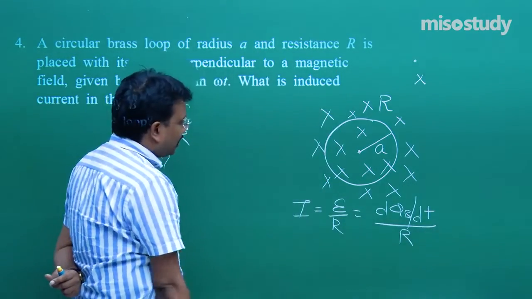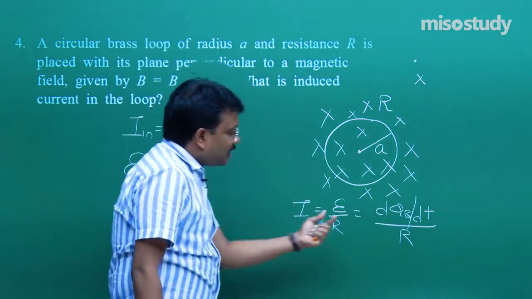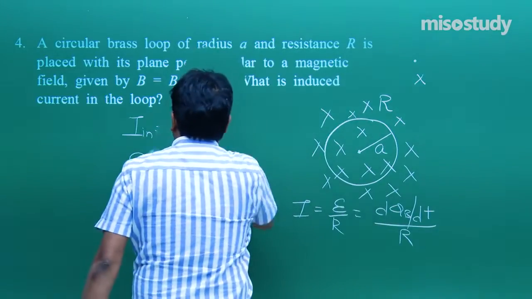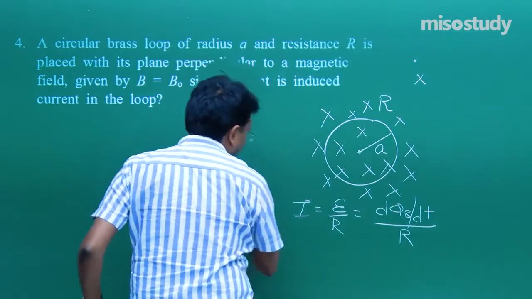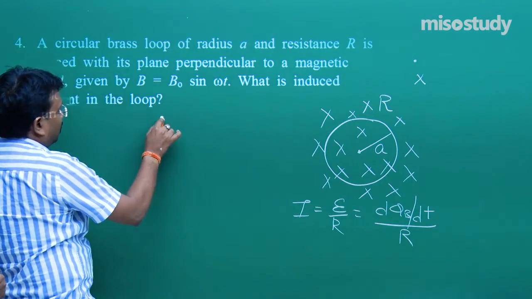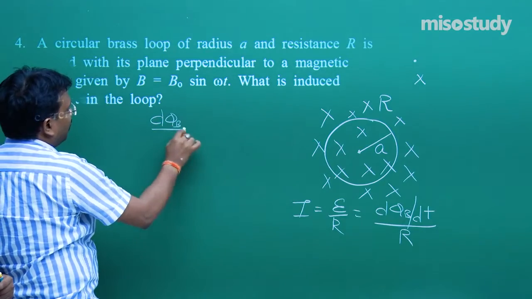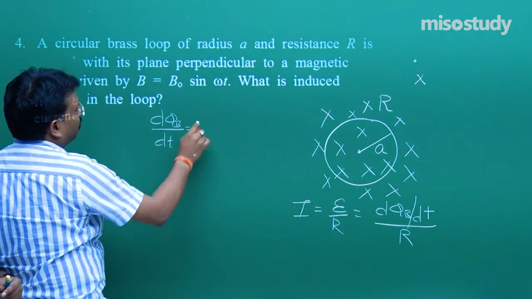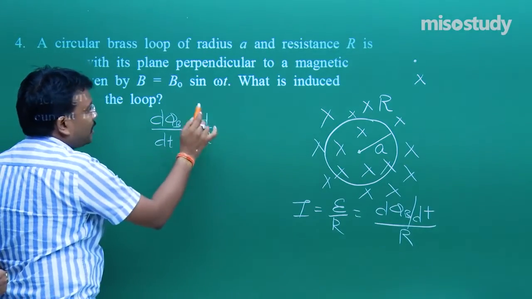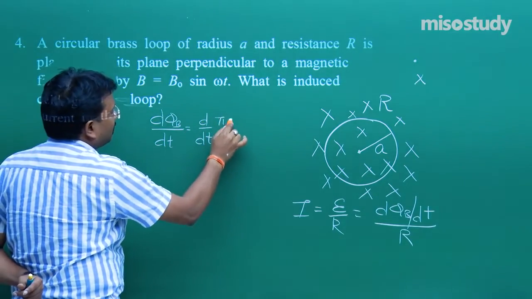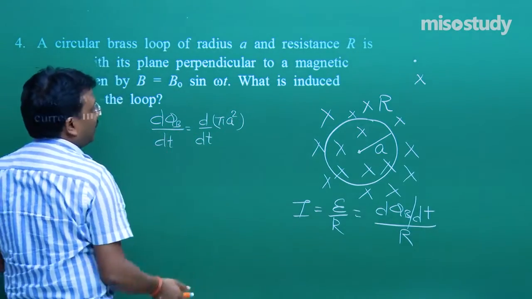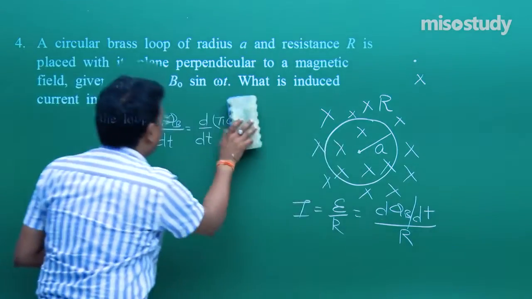No problem, simple relation. Now consider this magnetic field. Actually a very simple trick is used over here, that is d phi B by dt is equal to d by dt of B A, and this A is pi a square. That is not a problem, you should put it outside.